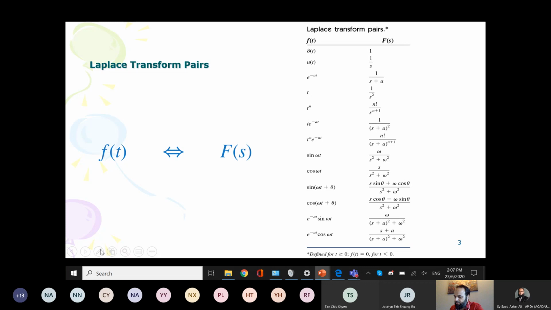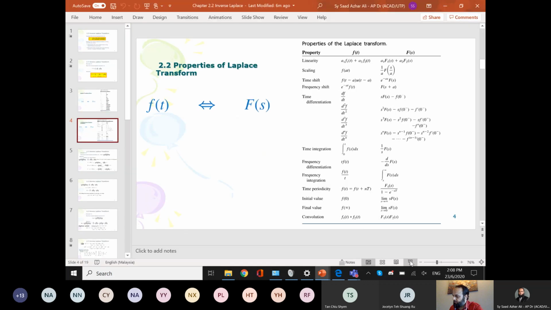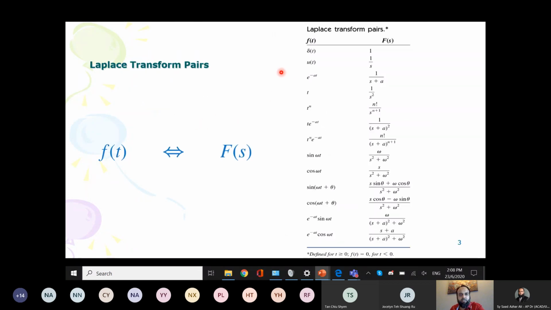This table shows f of t and f of s as the Laplace transform pairs, in which f of t is in the time domain and f of s is in the frequency domain. These are the basic transform pairs.